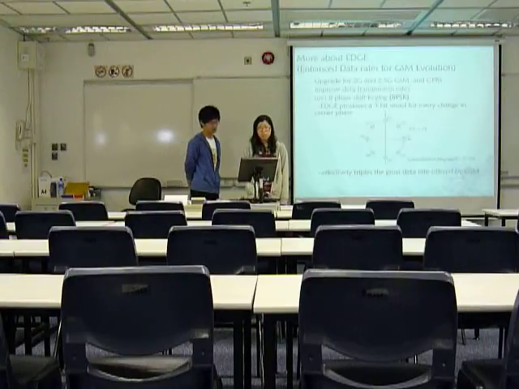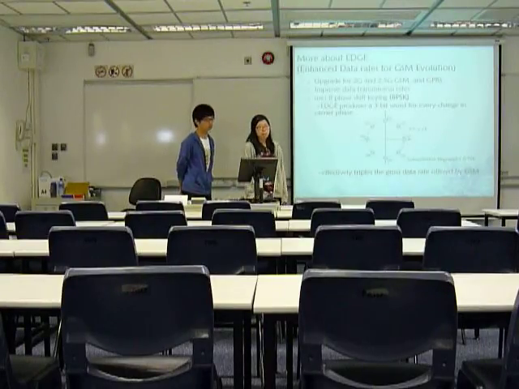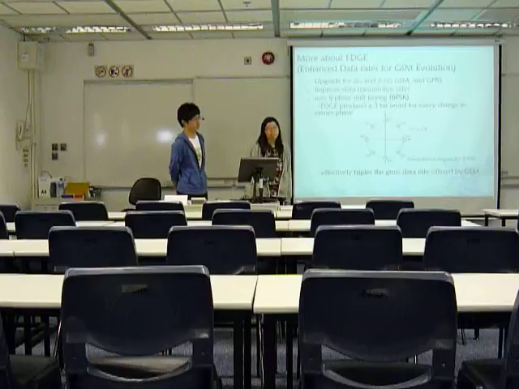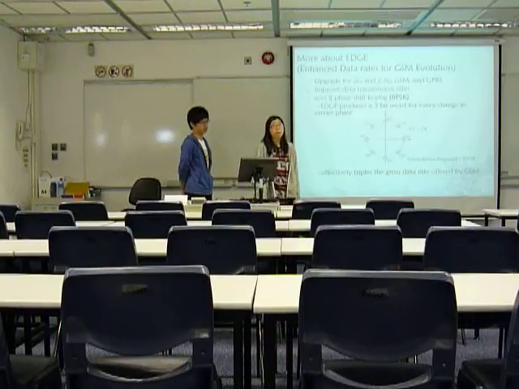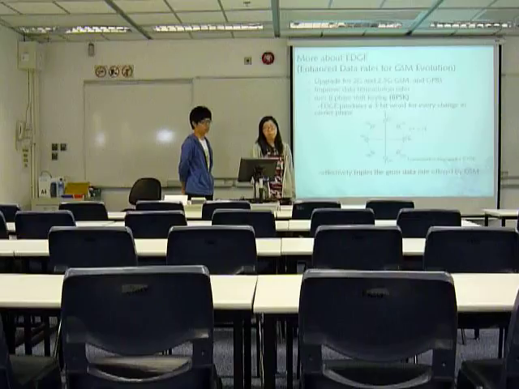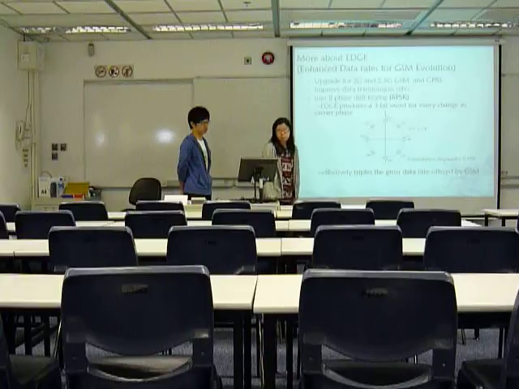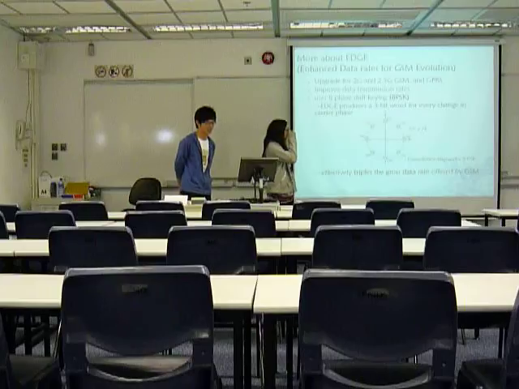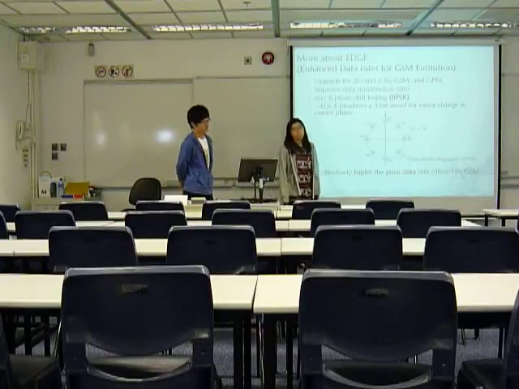And we are going to elaborate more about EDGE, which stands for Enhanced Data Rates for GSM Evolution. It is the upgrade version for 2G and 2.5G GSM and GPRS, and it can largely improve the data transmission rate by using 8-phase shift keying. And from this diagram, we can see that the phase difference is 45 degrees.